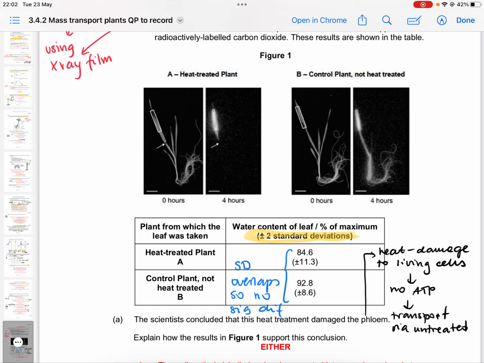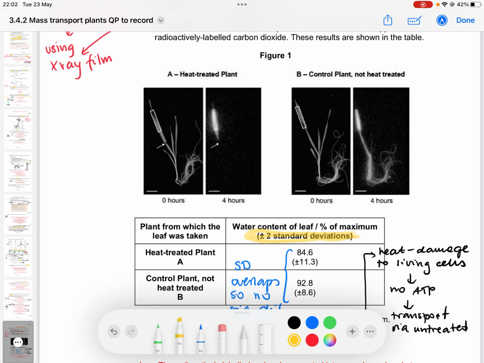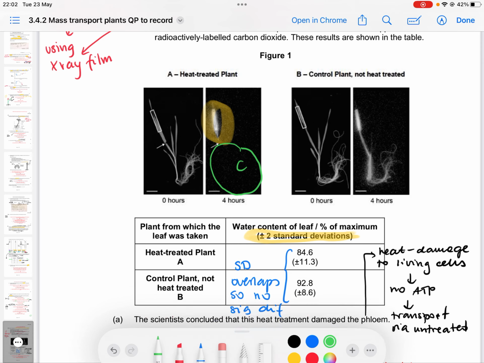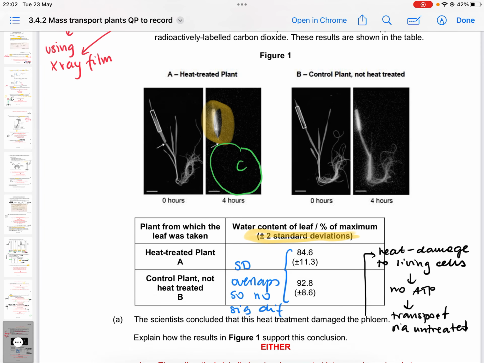However, what's important to mention here? In the heat-treated plants, as we can see, or maybe not see, apart from this point over there, we cannot see any evidence of any movement of this carbon. So we need to be thinking what could happen here. Well, the carbon is obviously incorporated into organic substances such as glucose and sucrose.